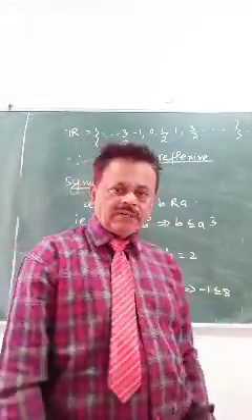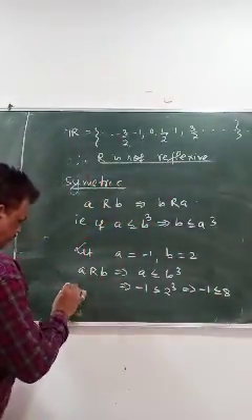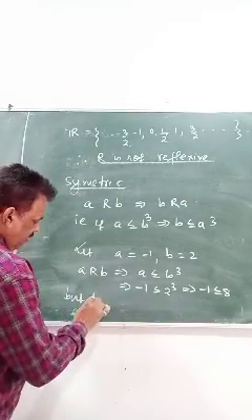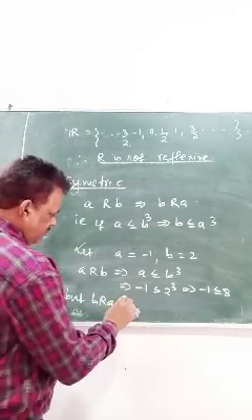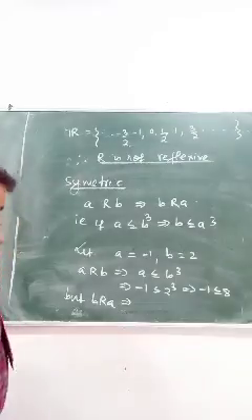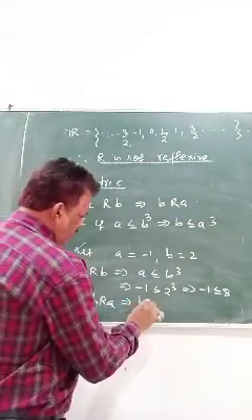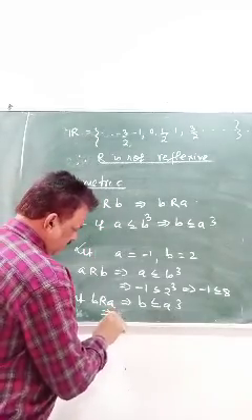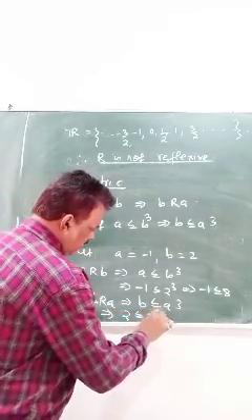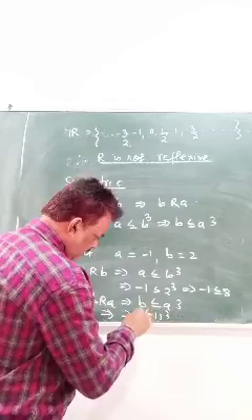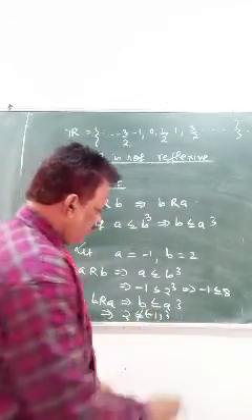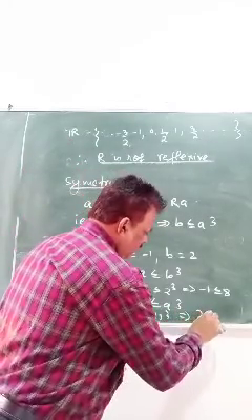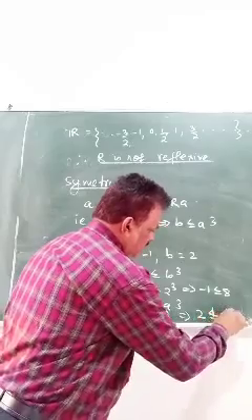This is possible, but when you write B relates A, you have to write B is less than or equal to A cube implies 2 is less than or equal to minus 1 cube, which is not possible, because 2 cannot be less than or equal to minus 1.